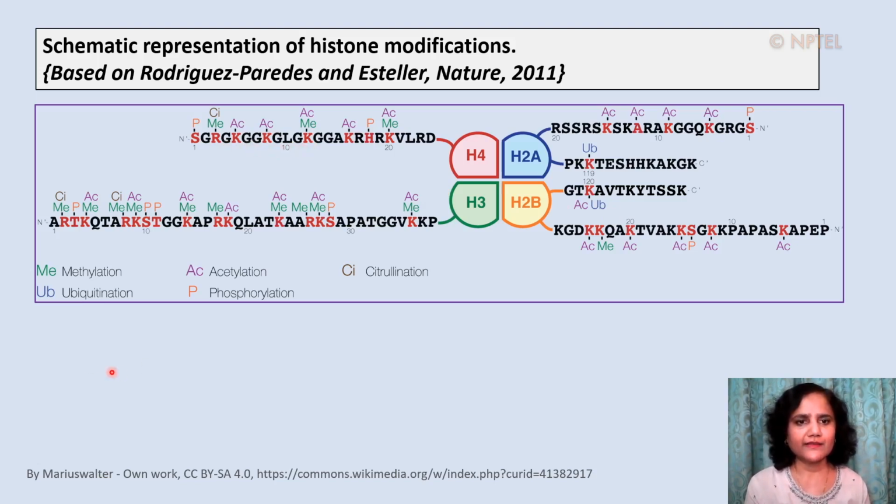You can see that these tails appear to be quite rich in lysines and arginines, and there are also several serine and threonine residues present in the histone tails. So these are all sites of potential modifications, and the modifications that occur on these tails are various combinations of methylation, acetylation, ubiquitination, phosphorylation, and even citrullination.